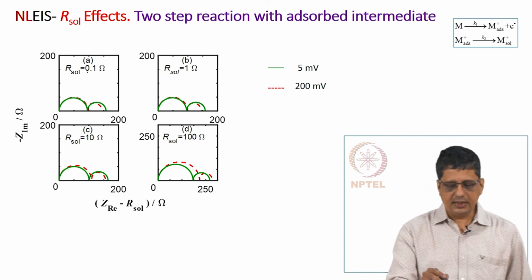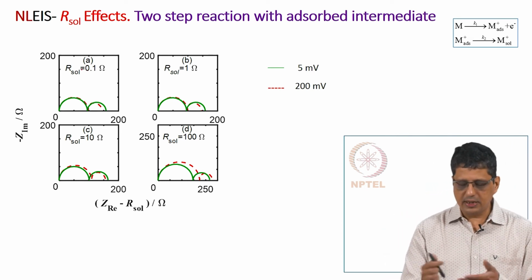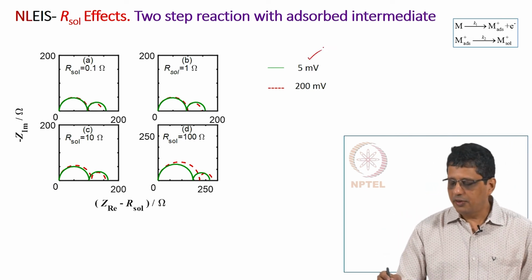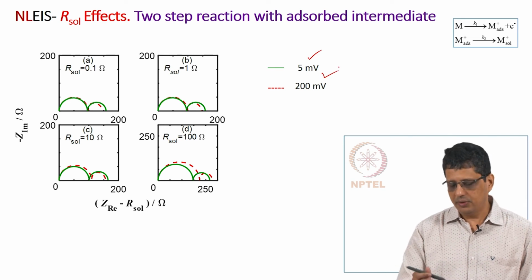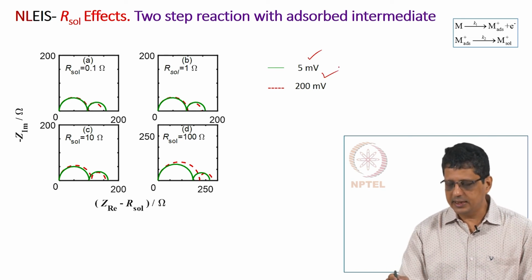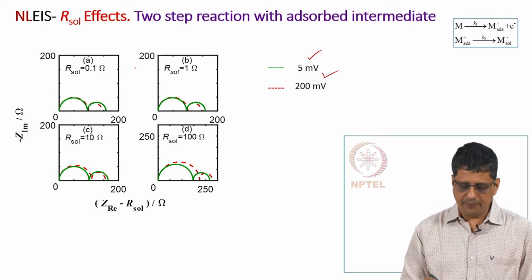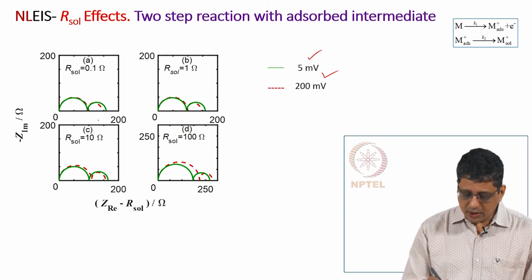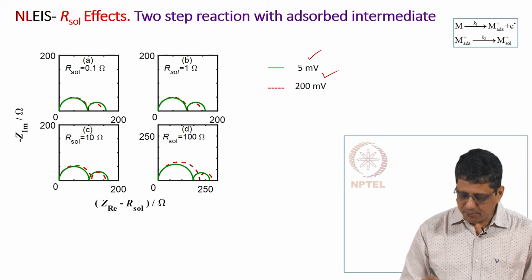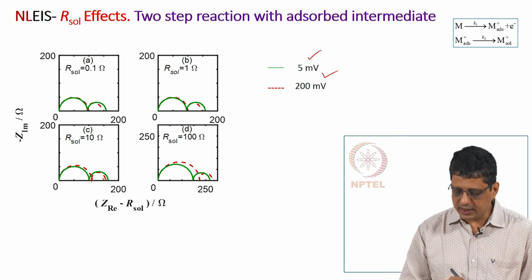Now, if I fix the solution resistance and replot this, so that I plotted only 5 millivolt and 200 millivolt AC, you can also plot the intermediate ones, but this is sufficient to illustrate. When you look here, when I increase the AC potential perturbation, charge transfer resistance seems to increase for this, polarization resistance seems to decrease.